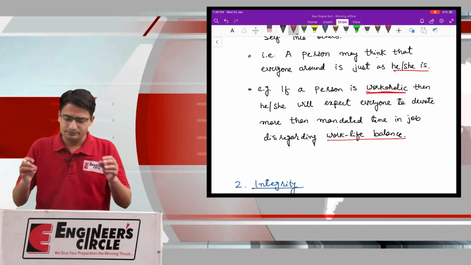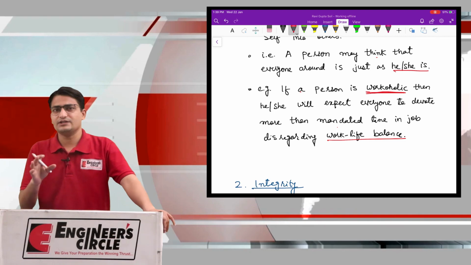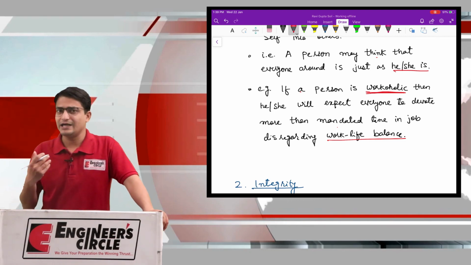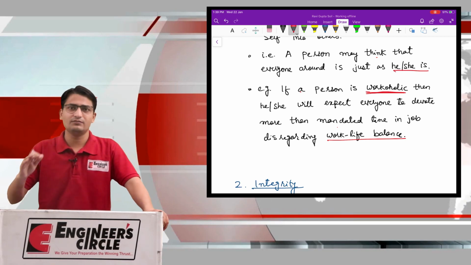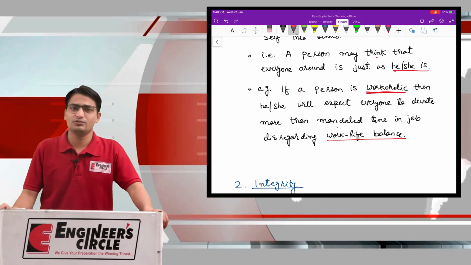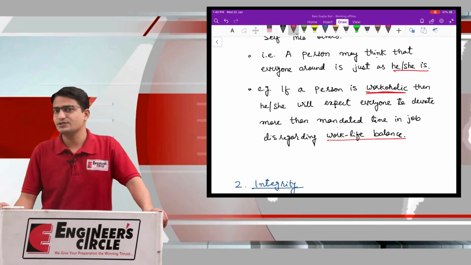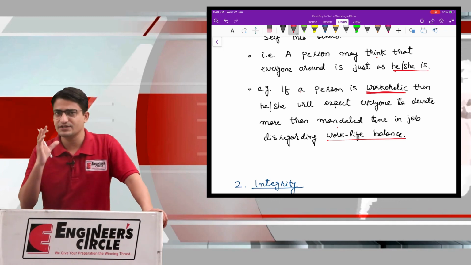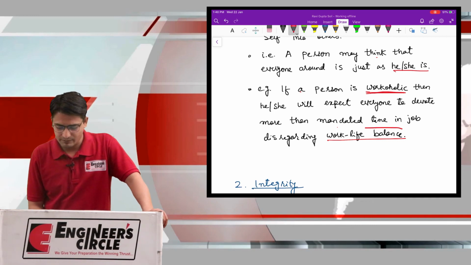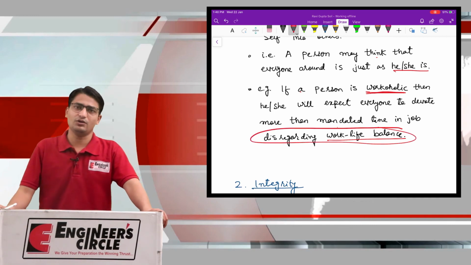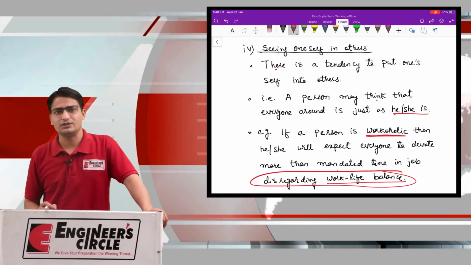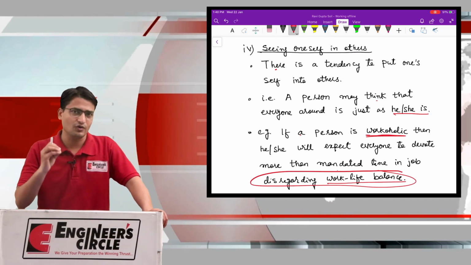Okay, I am a person who just focuses on the job. So what will happen? I will expect everyone in my office to do like that. But this type of expectation would be wrong. I am disregarding the work-life balance of other people in my office. So this is called seeing oneself in others. So one must also avoid this.